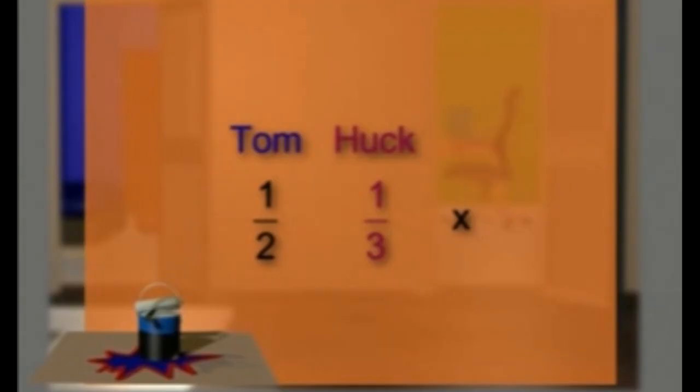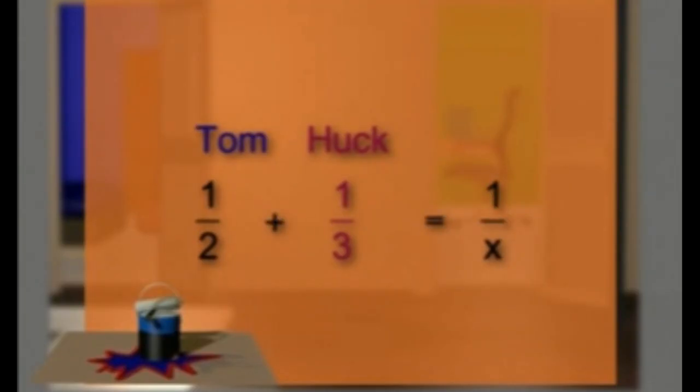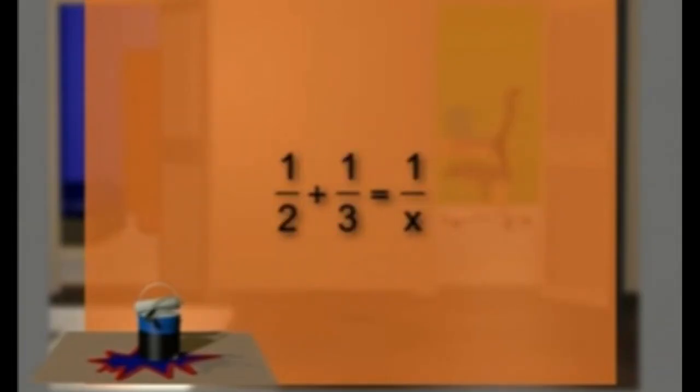If you add the amount of work that each of them can do separately in an hour, you find the proportion of the room that they can paint in 1 hour. So you can write 1/2 plus 1/3 equals 1 over x. Because this equation has an unknown in the denominator, it is a rational equation. Do you know how to solve it?